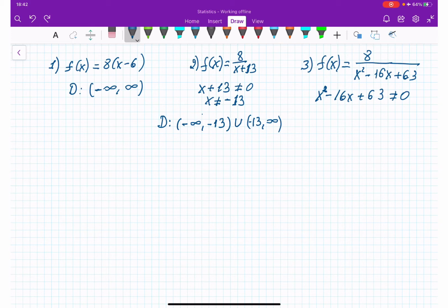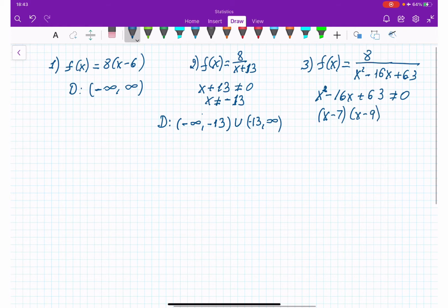Because negative 7 times negative 9 is going to be 63, right? Negative 7 and negative 9 give me negative 16. So what do we have here? x minus 7 times x minus 9. Again, I will put at the end of the video how to factor a trinomial, and you can go watch it.